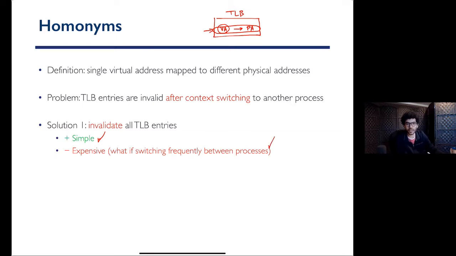The reason it's expensive is, let's say you context switch from process A to process B and you get rid of everything in your TLB. But then let's say the first instruction that process B executes is an open file system call. So it's going to go to sleep again.